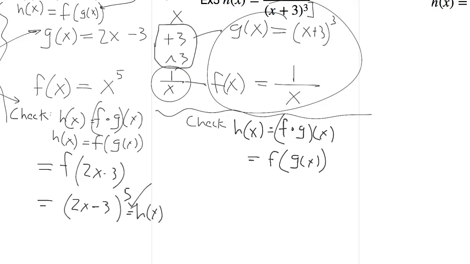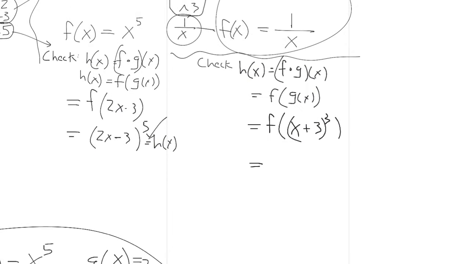And let's figure out what g of x is. G of x, we defined it as x plus 3 cubed. And then the f function, 1 over x plus 3 cubed. Yep, that is exactly equal to h of x, so yes, it works.